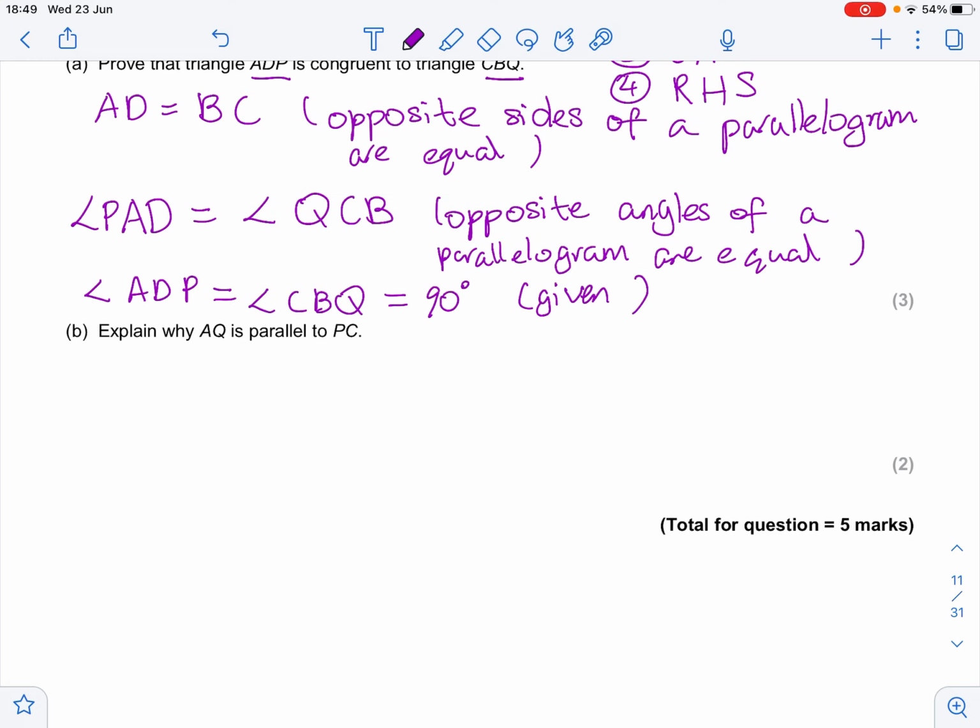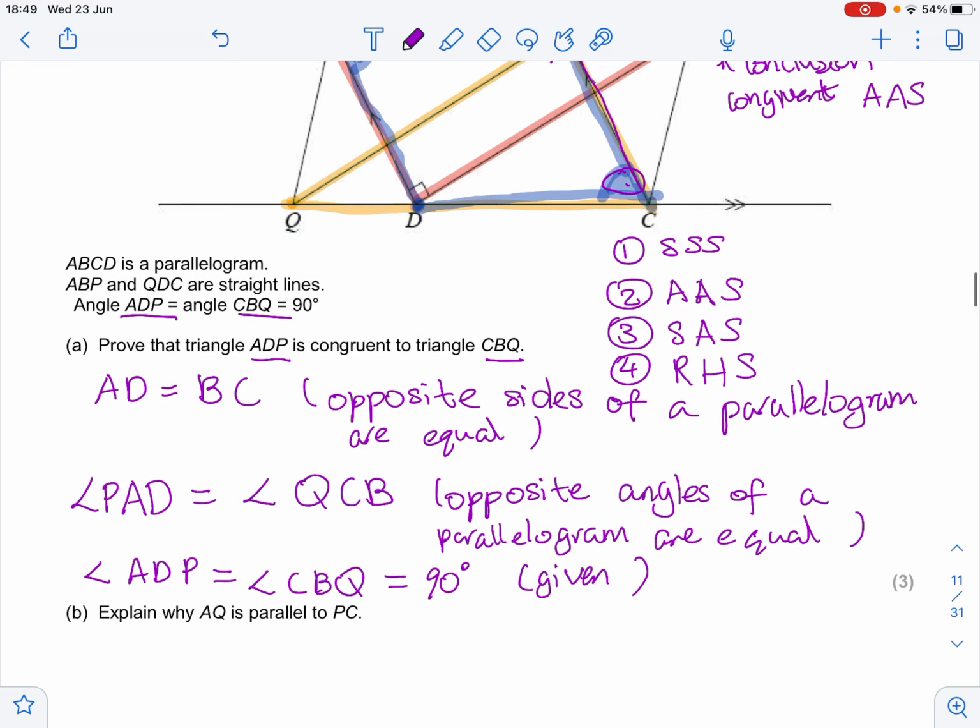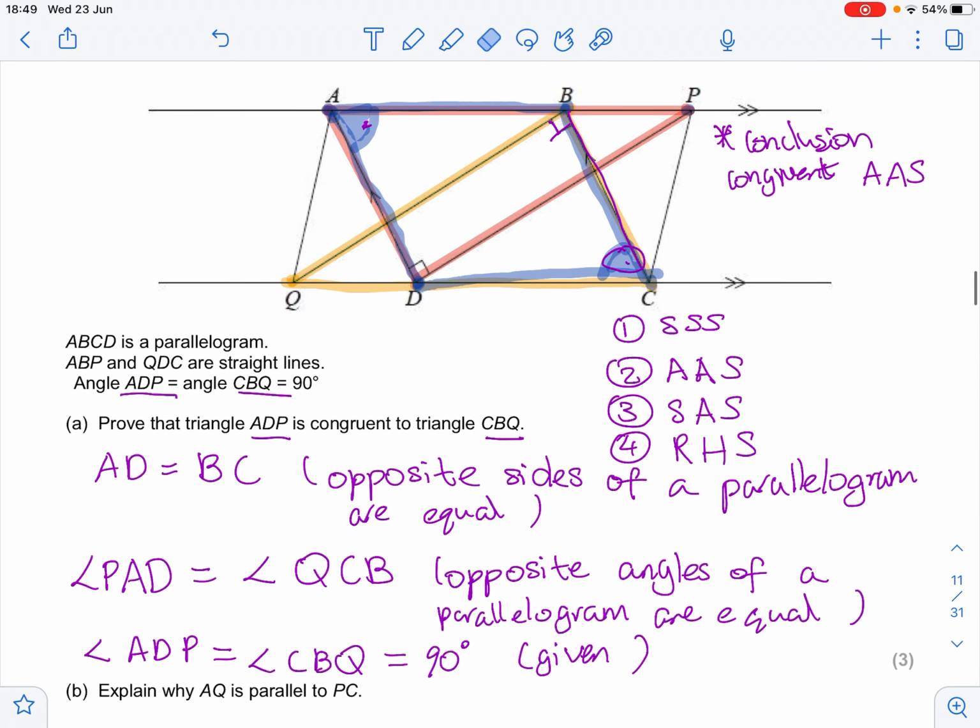Part B asks to explain why AQ is parallel to PC. So I'm just going to clear the diagram.